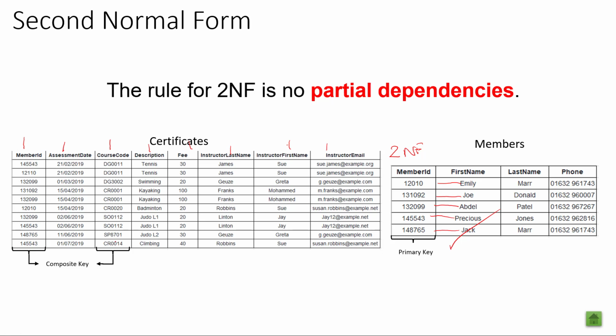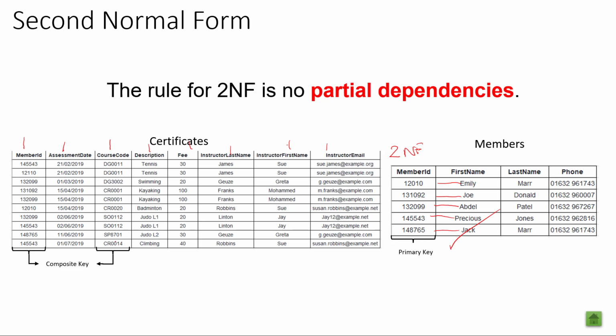So if we find, just looking at that there, we need to remember that a dependency is found where a value varies in line with another value. To help you identify these partial dependencies in the certificate table, we need to think about what the attributes that make up the primary key are.